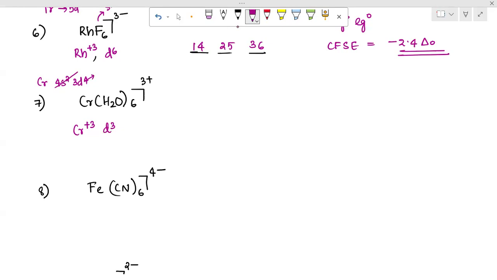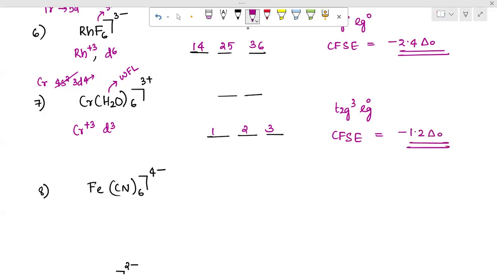If it is a 3D metal, you have to check whether it is a weak field or a strong field ligand. Water is a weak field ligand. So if water is a weak field ligand, T2G EG gap will be small. As a result, 1, 2, 3, only these many electrons, easy. T2G3 EG0 is the configuration, and crystal field stabilization energy is equal to minus 0.4 into 3, which is minus 1.2 delta O.